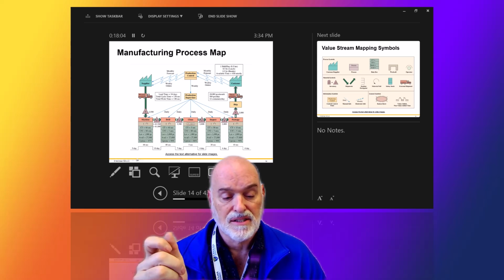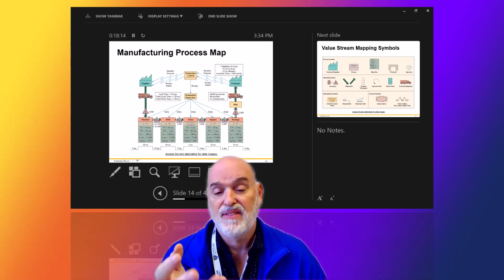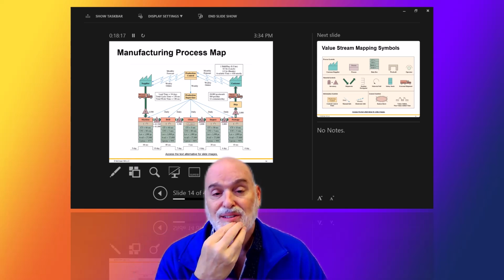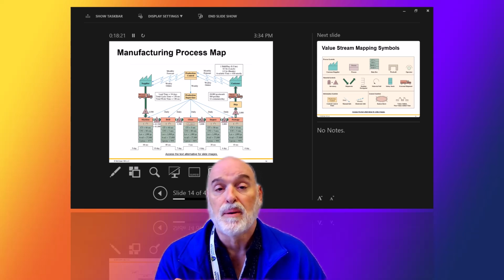So take a look at this. You can see how long things take and what's involved in the manufacturing process. And this obviously changes with different type of manufacturing. You know, you could have automobile manufacturing.